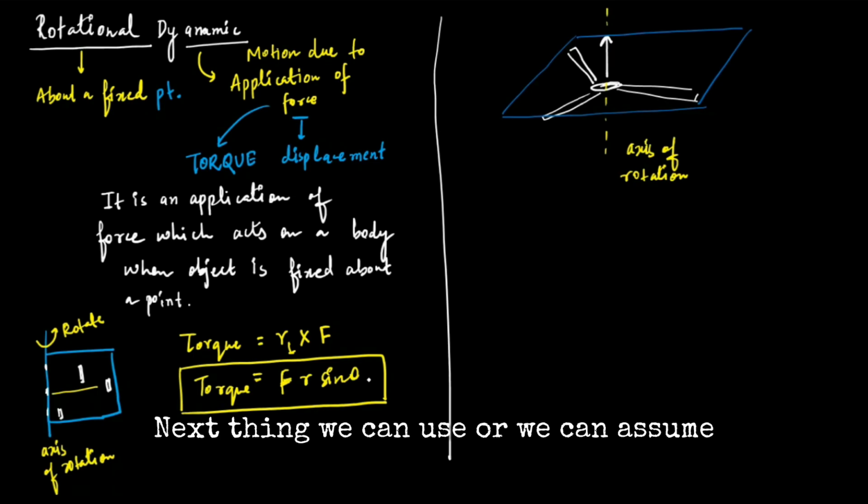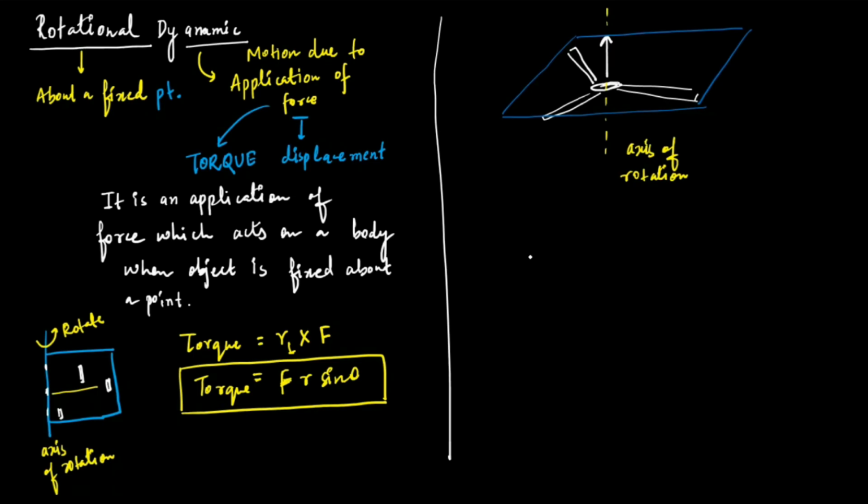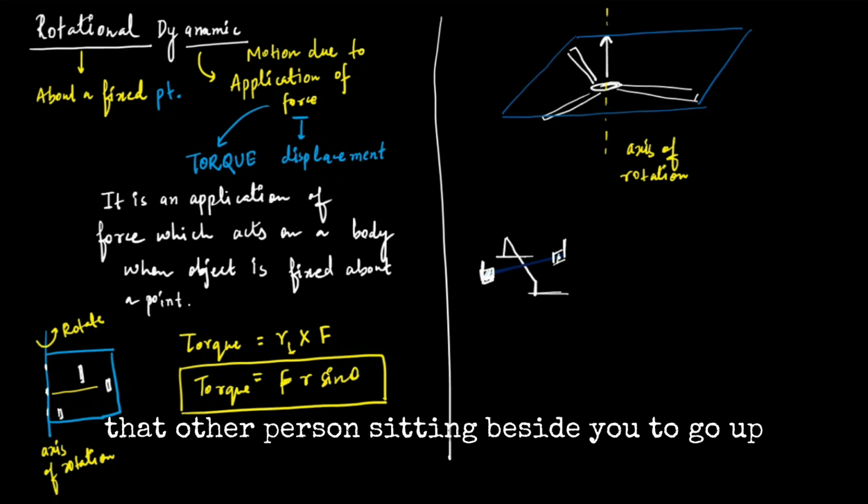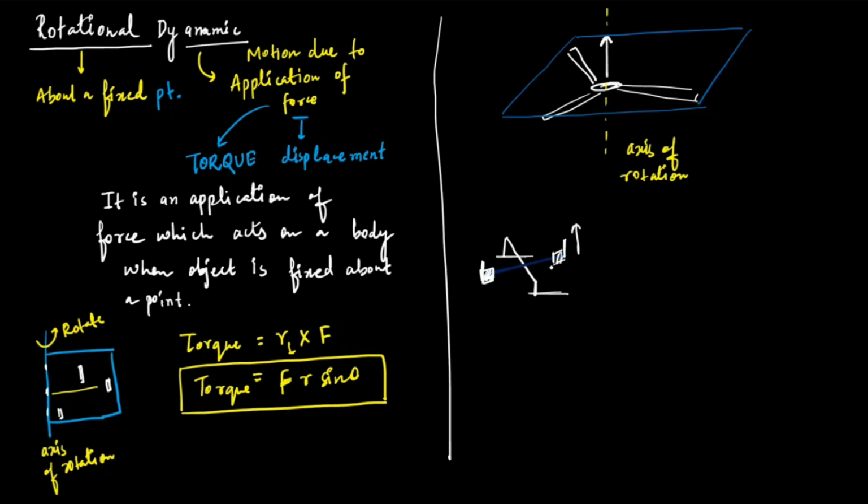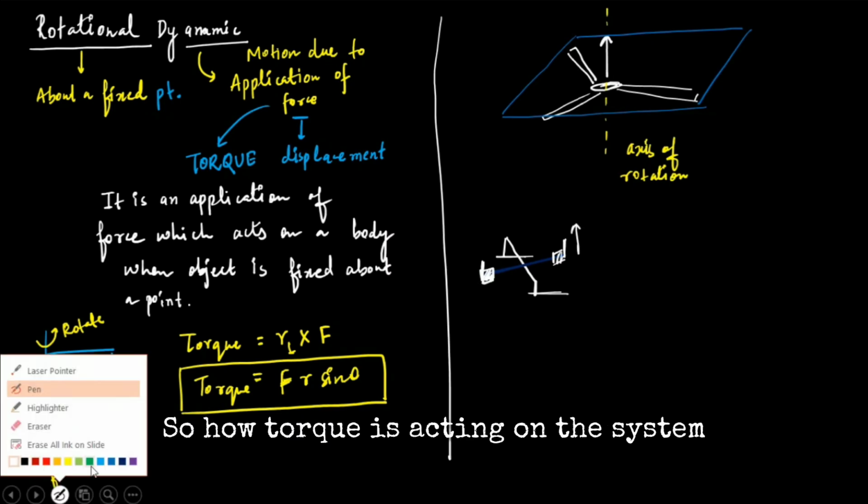Next thing we can use is an example of a seesaw. You must have gone to a playground and sat on a seesaw. In order to have the other person sitting beside you go up, what you used to do? You sometimes used to jump. So how is torque acting on the system?